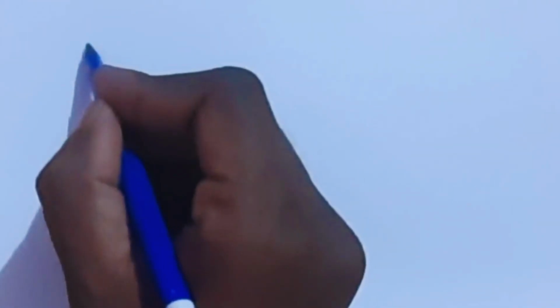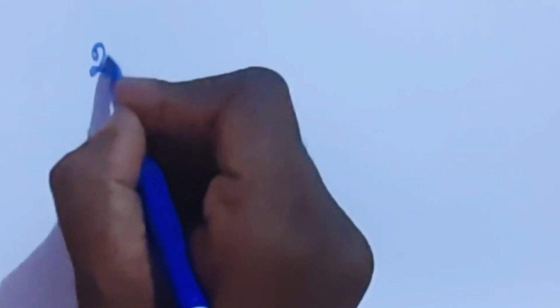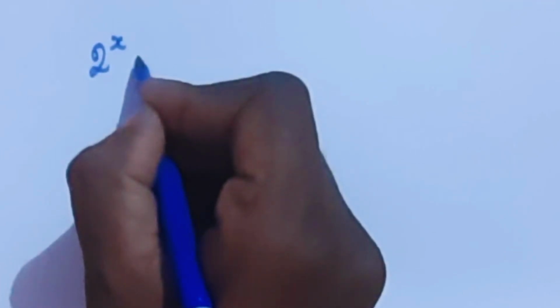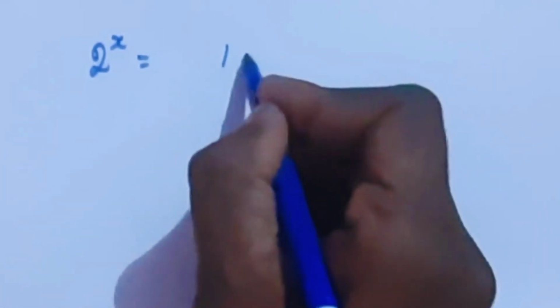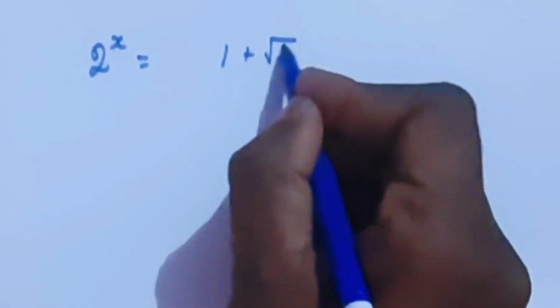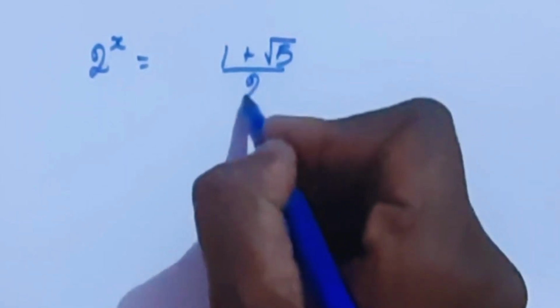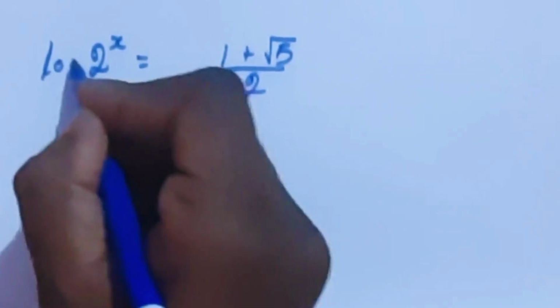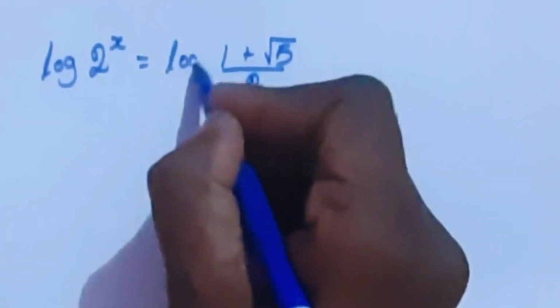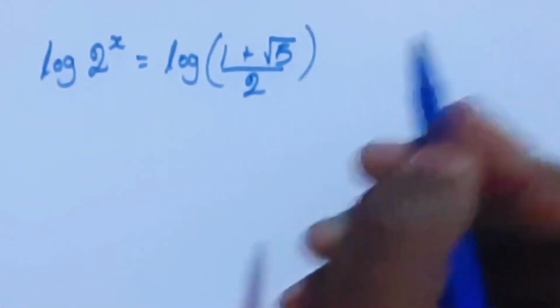Now we are going to take a log on both sides for 2^x equal to (1 plus square root of 5)/2.